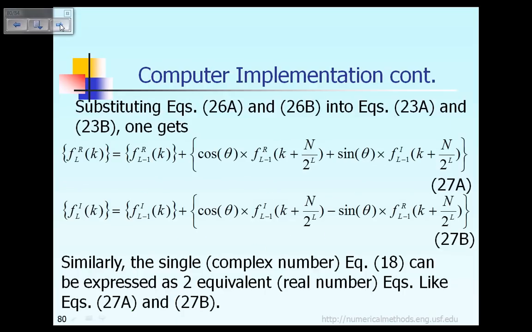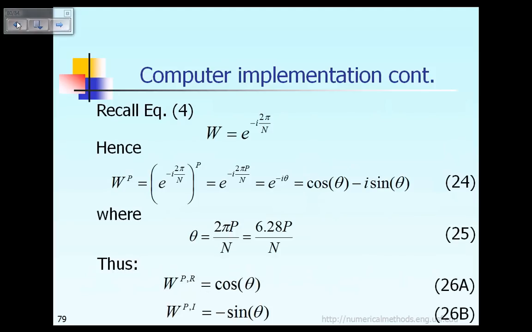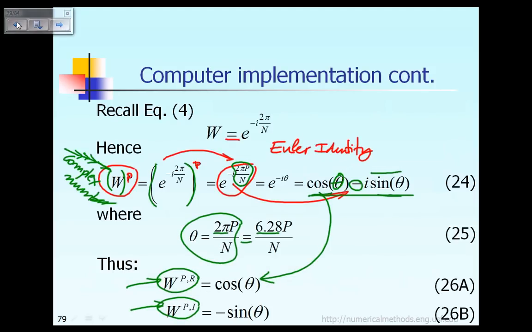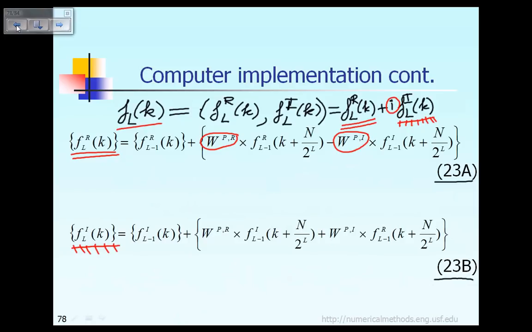Now after all those things are expressed, we go back to the previous equation. If you remember, we have four terms: this is one term, this is the second term, this is the third term, and this is the fourth term we have earlier. The only thing different is that in the previous equation we have WPR.